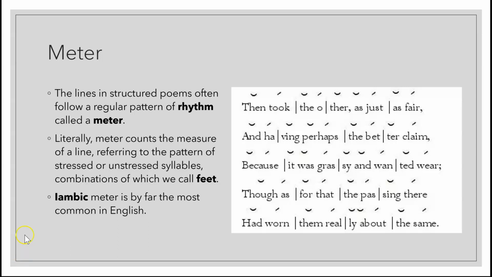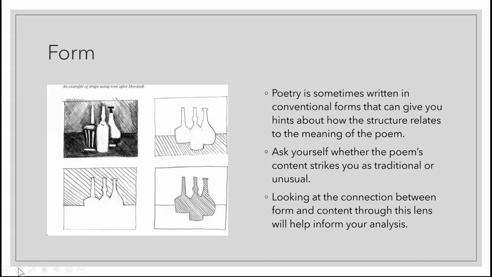All right, so picking up from where we left off, we're going to talk about form. Poetry is sometimes written in conventional forms that can give you hints about how the structure relates to the meaning of the poem. Ask yourself whether the poem's content strikes you as traditional or unusual.